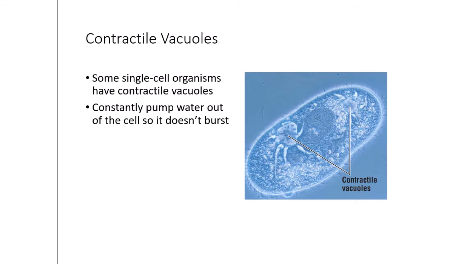And so to prevent themselves from bursting, they have these specialized contractile vacuoles, which are basically pumps that will take the excess water out of the cell so that it doesn't burst. So that requires energy to do so, and that energy, of course, is going to be supplied by the mitochondria.